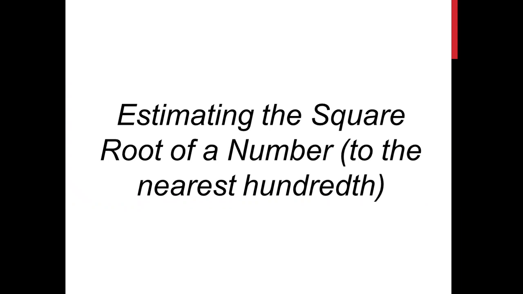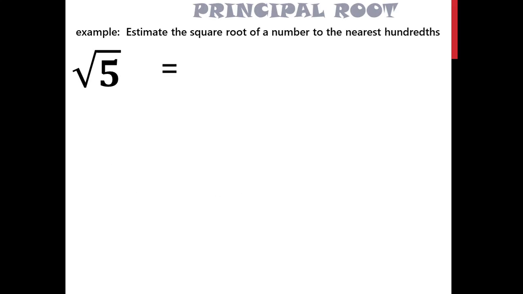Our lesson for today is estimating the square root of a number and rounding it off to the nearest hundredths place. Now, how do we find the principal root, or the estimate of the square root of a number, specifically an irrational number, and then round it off to the nearest hundredths place?